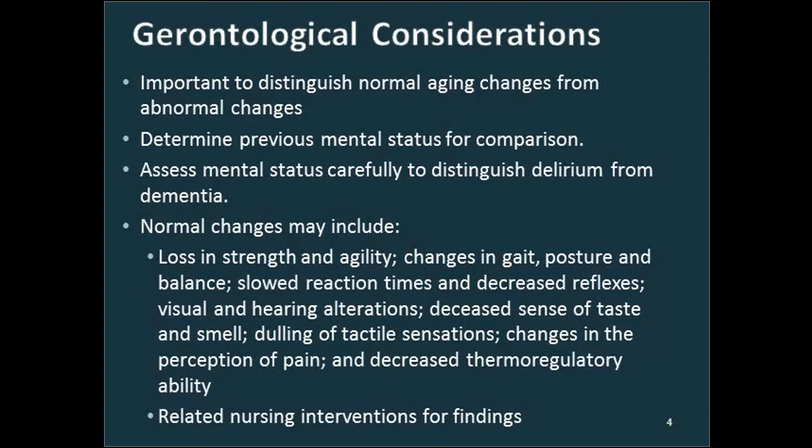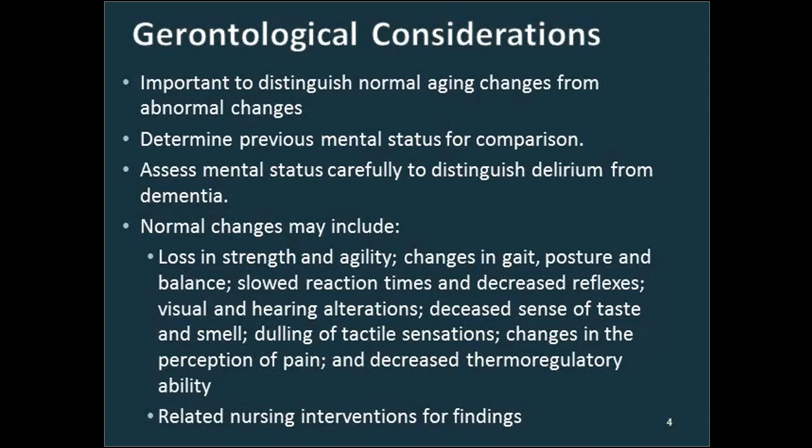Balance, posture, and gait are related to a risk of falls. Also, decreased perception of pain and a decrease in temperature regulation. So that's why older folks always feel cold. And then you throw in a little blood thinner on top of it, and they're really cold, but it's also because they lose the ability to regulate temperature as they age.